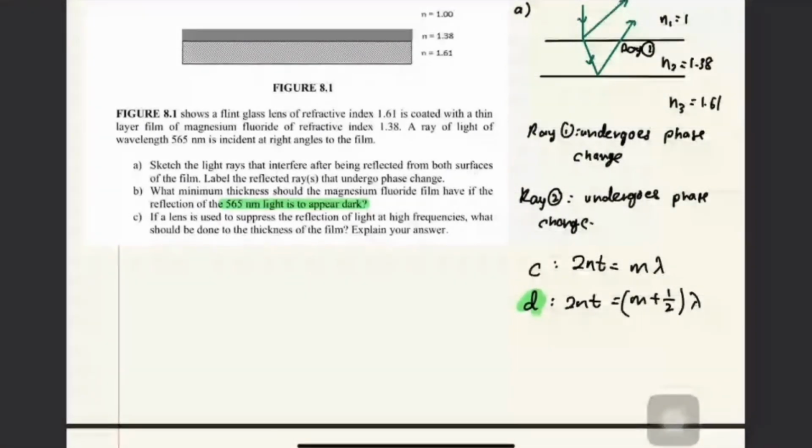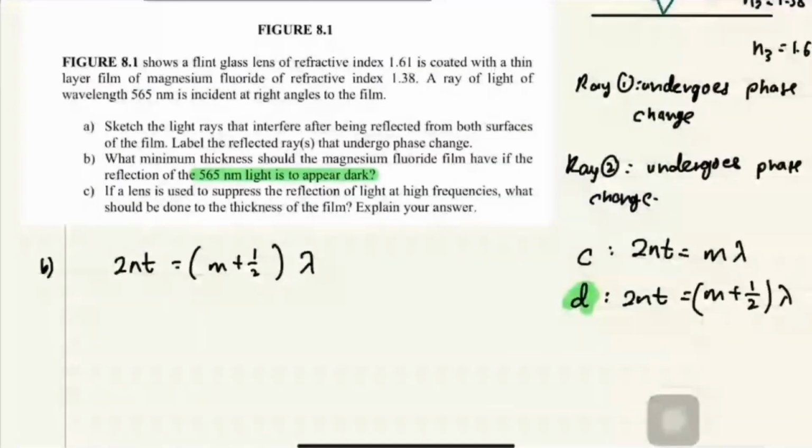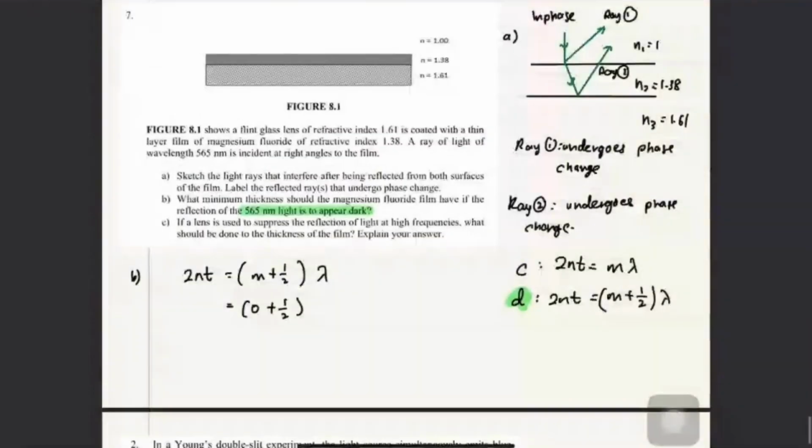So formula itu 2nt equals to m plus half lambda. M dia tu nilai dia berapa boleh letak? Kalau minimum it's 0 sebab dia boleh masuk 0, letakkan 0. Kalau tak boleh, kena letak 1. N yang peranan adalah N yang kat tengah tu lah, which is 1.38.